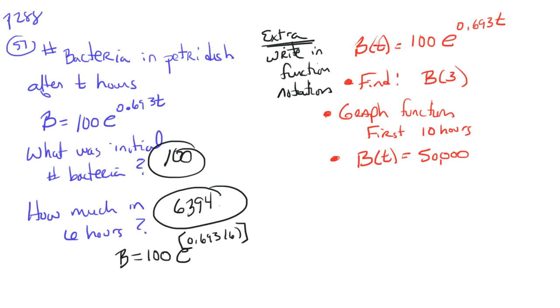We're going to need to type this thing in a calculator. So once you punch it in the calculator, and instead of t, we're going to use x, just like we did before.